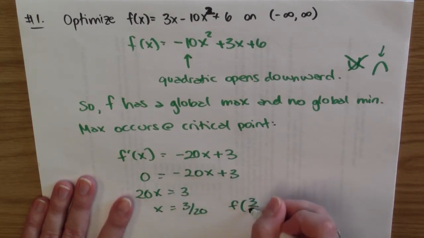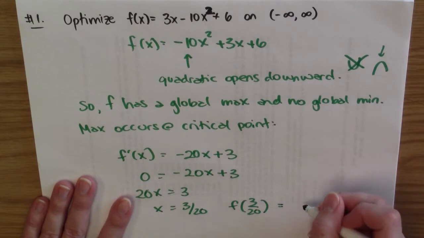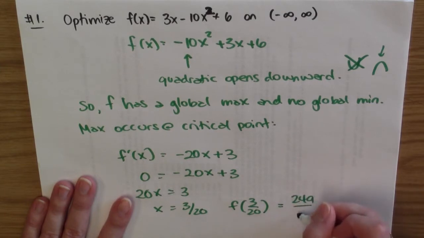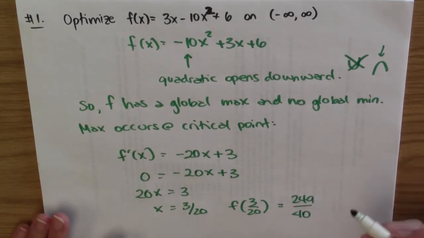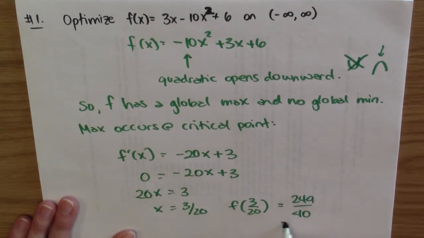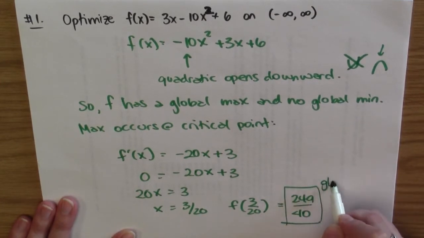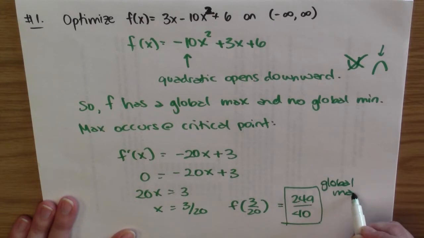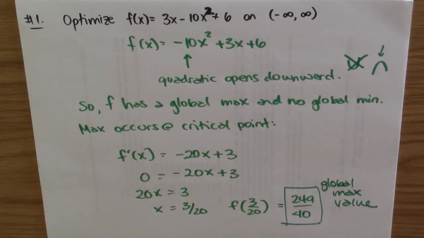And f of 3 over 20 is equal to 249 over 40. So this value is the global maximum value, and it occurs at x is equal to 3 over 20. So just by knowing a little bit about quadratic functions, we can optimize this function.